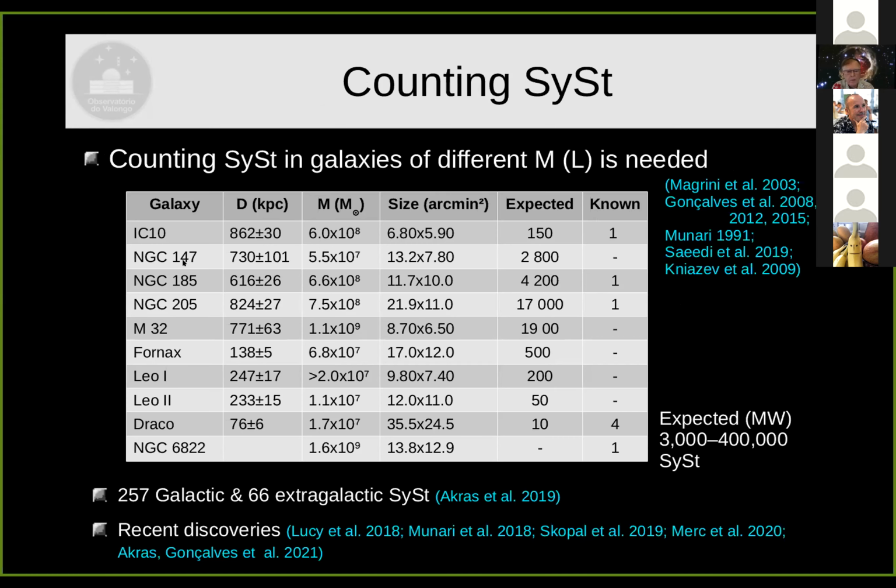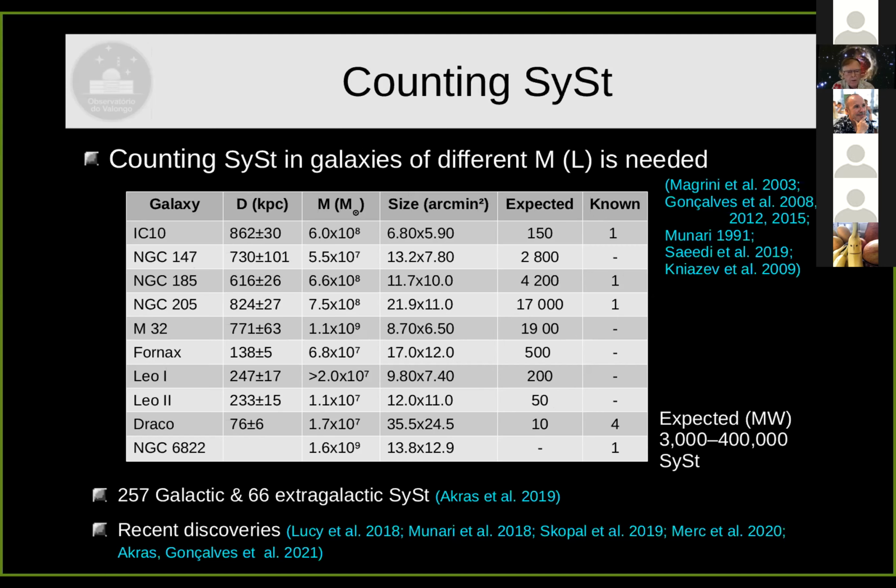Here you have dwarf irregulars and spheroidals, their distance, mass, and size, the expected number, which is somehow estimated and I'm not going into detail here, and then the number of systems you know. So it's clear that you need a great effort to find all of those that are expected in the dwarf galaxies of the local group.